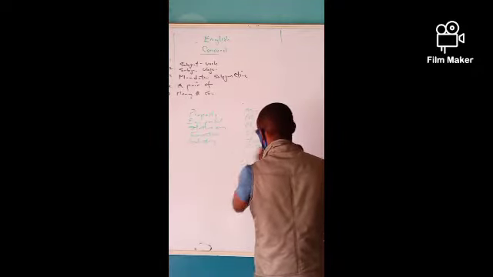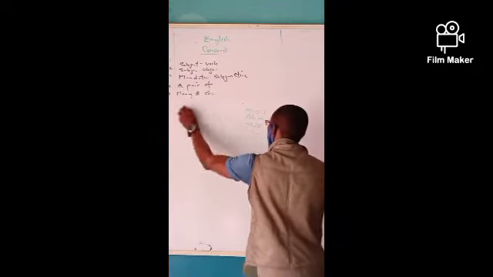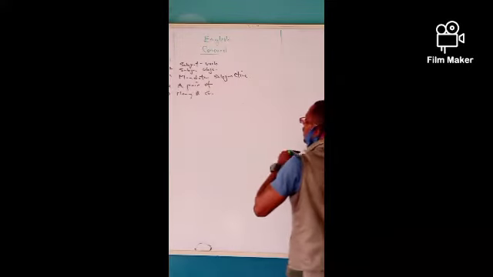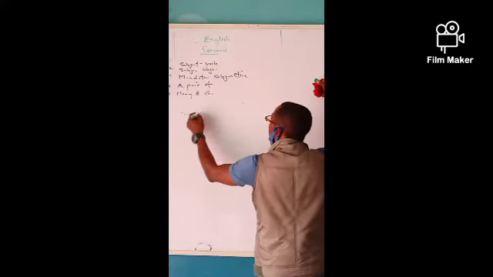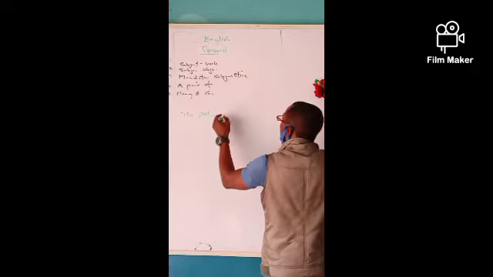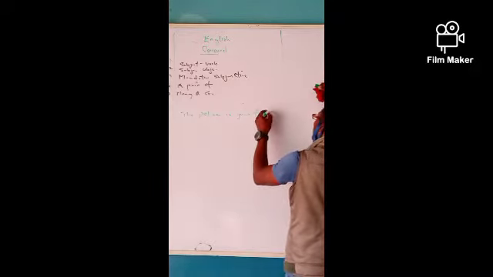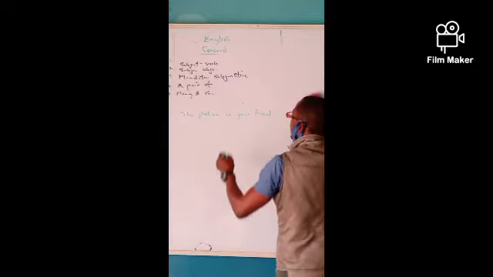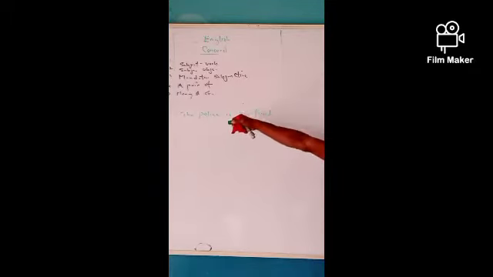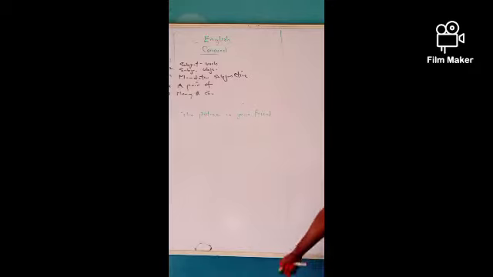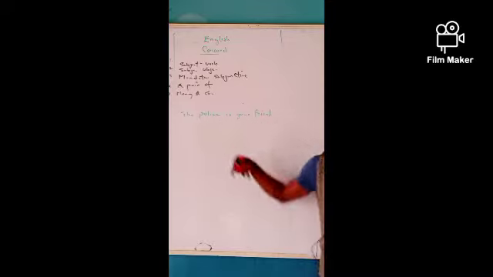For example, stop writing, look up. See, the police is your friend. Now let me ask you a question. Police now, is he performing any action? The police is your friend. Is he performing action?